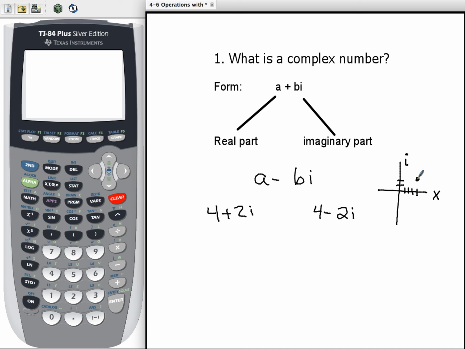So that's where 4 plus 2i would be located. And if you wanted 4 minus 2i, you would go down 2 on the vertical axis to negative 2. So that's where 4 minus 2i would be located right there. That's just a couple of things that some courses will have you do. But here we're not talking about plotting them, we're just talking about adding, subtracting, multiplying, and dividing them.